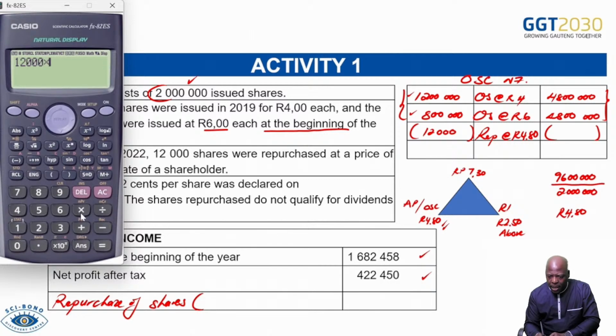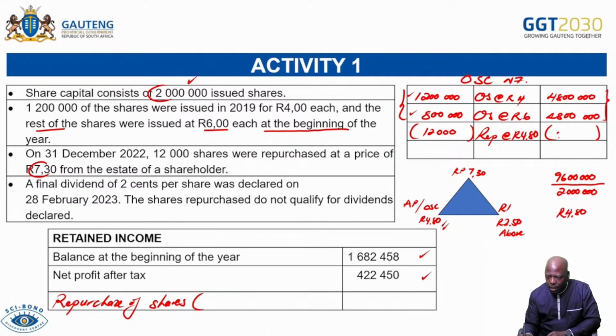In the ordinary share capital, I record 4 rand 80, and that is going to give me 57,600. And the 2 rand 50 comes here, where I say 12,000 shares repurchased, and the amount that we paid above the average price is 2 rand 50. So in here, I need the amount above.